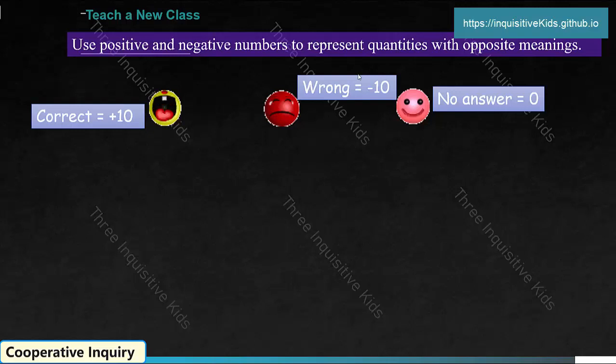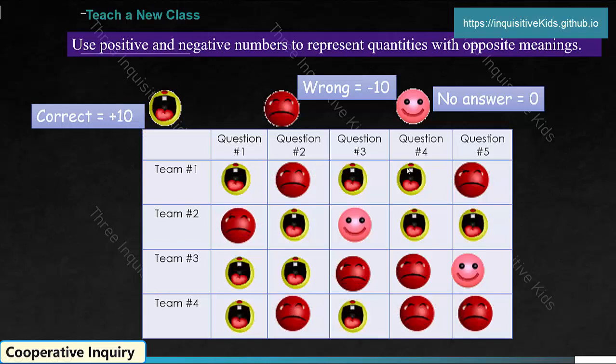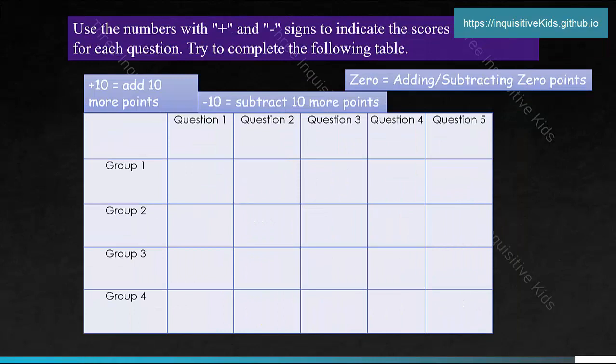And the face that has no expression means that they don't have an answer, a score of 0. As you can see, this is a table of 4 teams, and whether they got the questions right or wrong. Use the numbers with plus and negative signs to indicate the scores of each team. For each question, try to complete the following table.